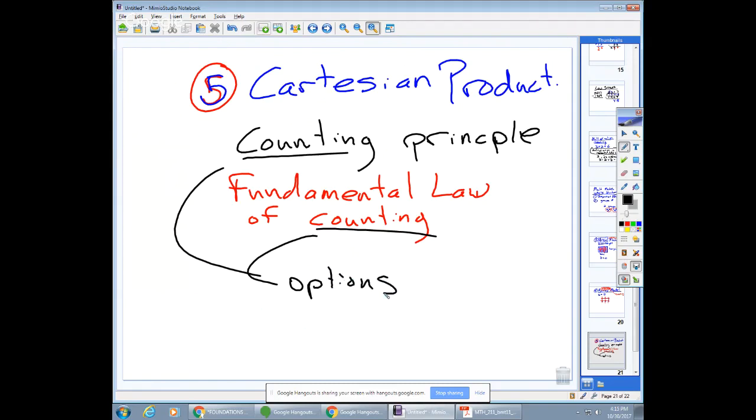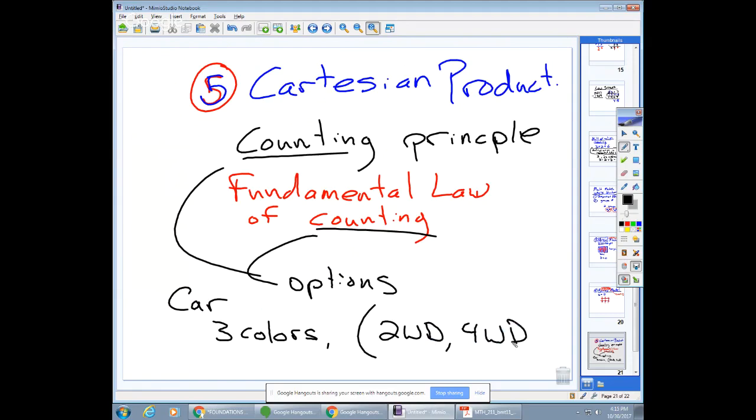So suppose we want to buy a car, and the car comes in 3 colors. And then it's either 2-wheel drive or it's 4-wheel drive. So those are the only options this car has. Okay. How many different versions of this car are there?